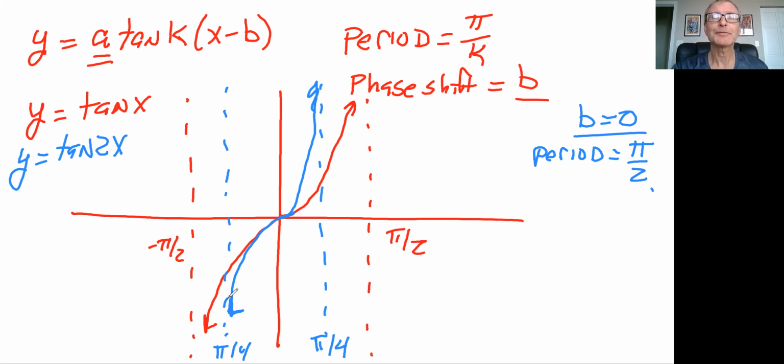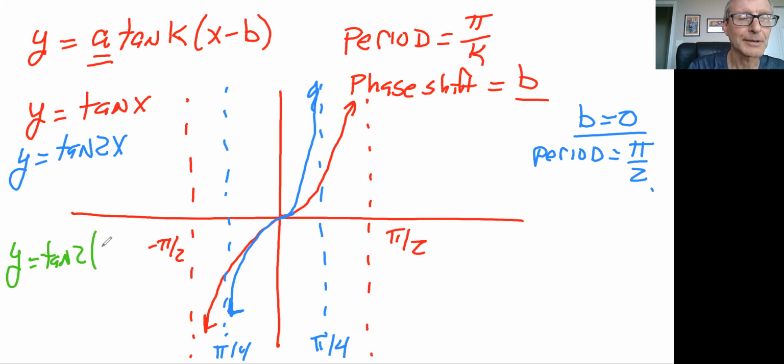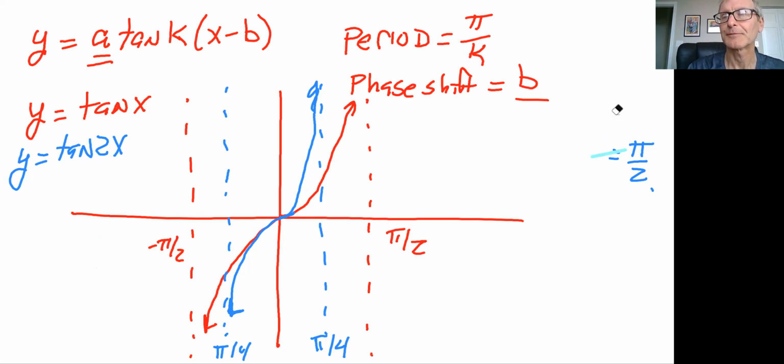So then what happens if we, let's do this one in green. What happens if we do this? Y equals tan of 2, and then we do, need some more room here. So let me erase this blue stuff here, and let me write this right here.